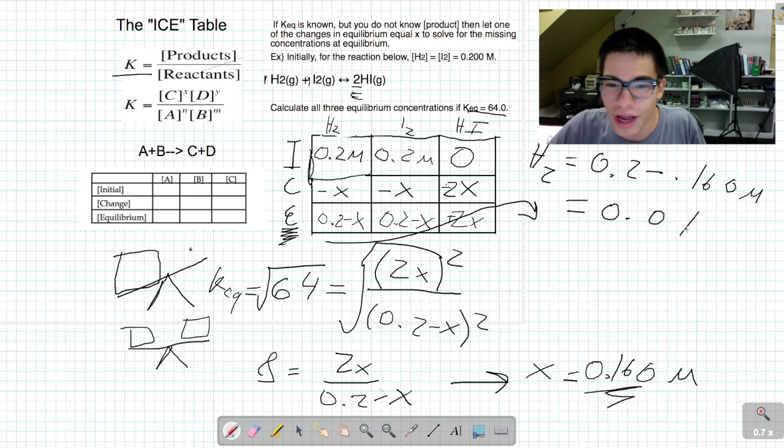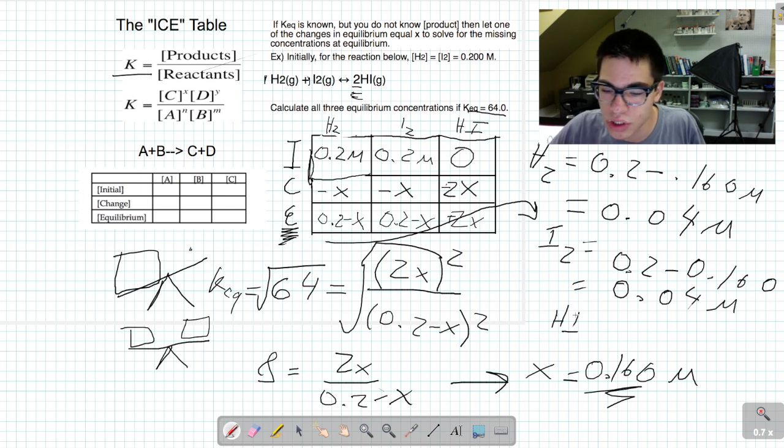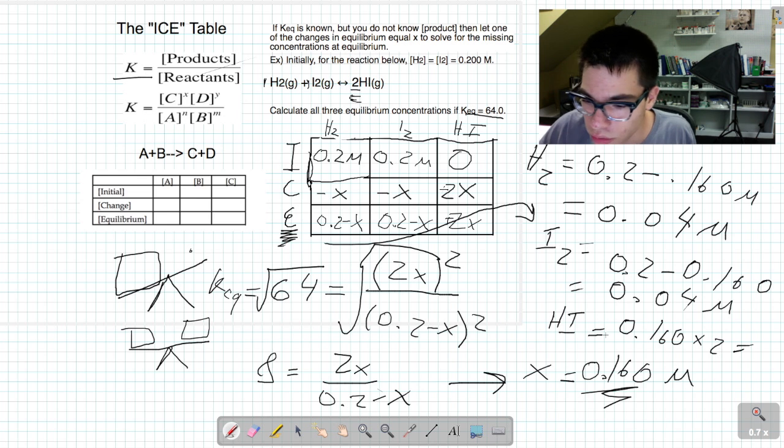Our concentration of iodine is the same thing, 0.2 minus 0.16 equals 0.04 molar. And our concentration of HI, which is our product at equilibrium, is 2x, so 0.16 times 2, 0.32 molar.